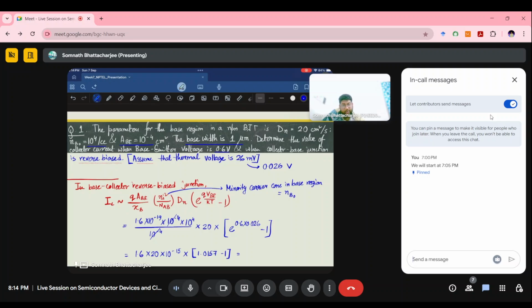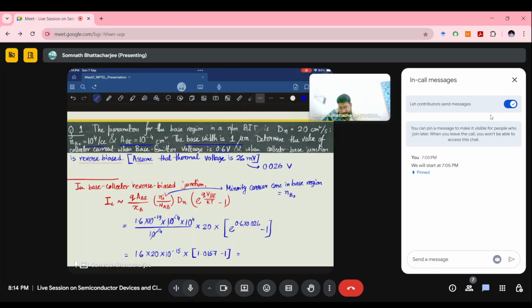So this is per centimeter cube, and AB is also 10 to the minus 4 centimeter square. So this will cancel out, and it will come out to be cm, right? So that's why I am converting it from micrometer to centimeter.